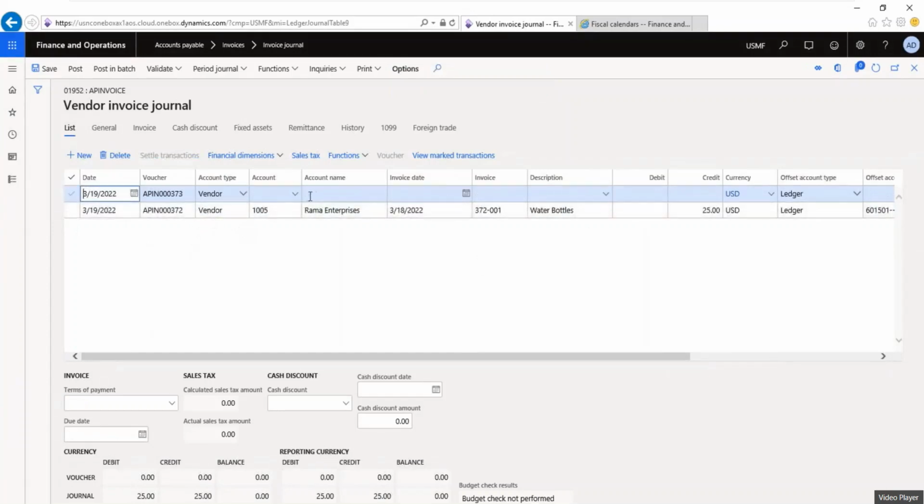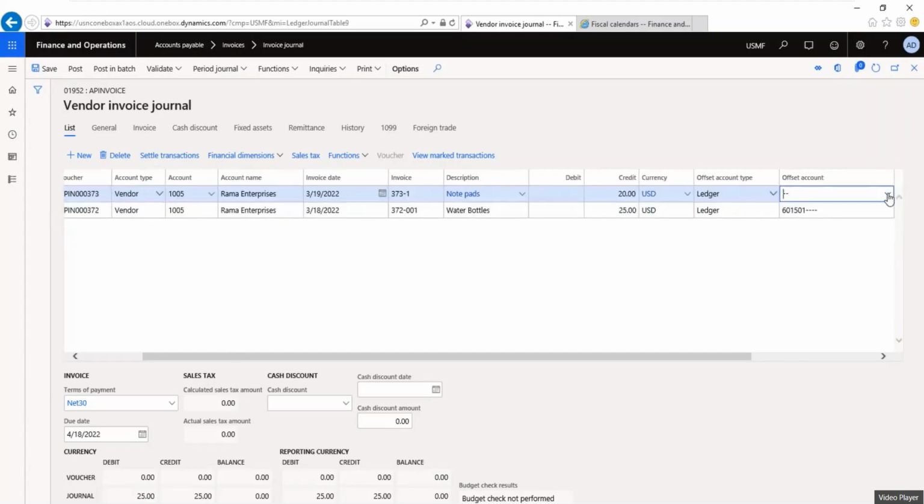You have purchased water bottles and you have purchased notepads. Purchase notepads, it is $20. I can enter it here.